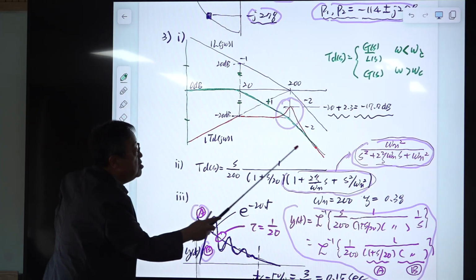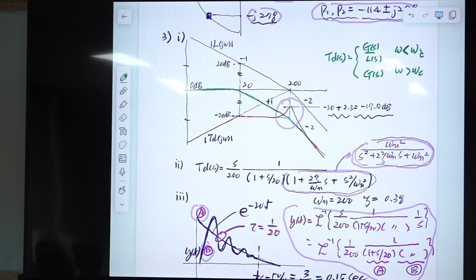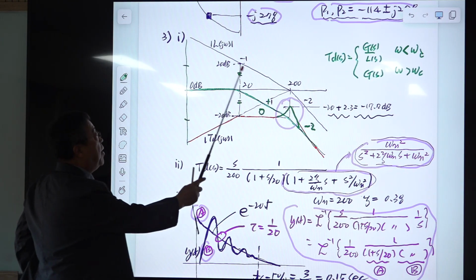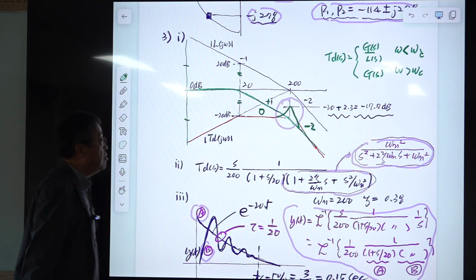All right? So there is a second order term because this was 0 dB and this was minus 2 dB. Then there should be a what? Peaking, okay? And the peaking is determined by the phase margin at this point, okay? Phase margin at this point, right?